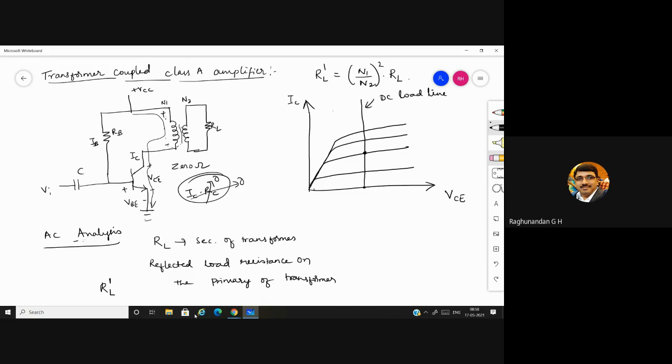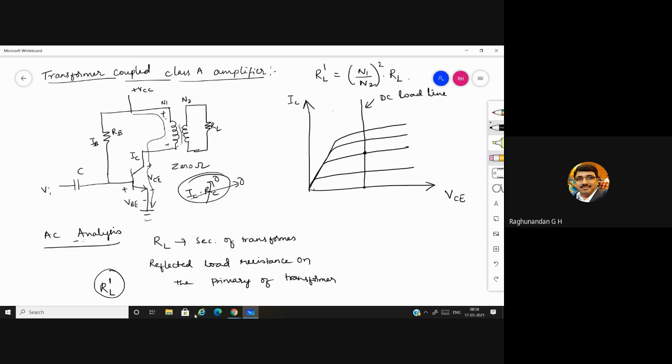Yes. So RL dash, as I told you, is the reflected load resistance appearing across the primary because of the load resistance connected across the secondary. Because of this reflection over the primary, we are going to have a resistance, or a voltage drop, here. When you have a resistance here, automatically there will be a voltage drop.